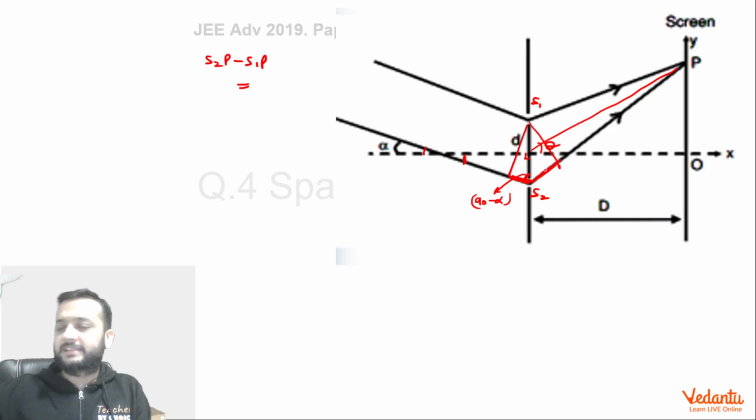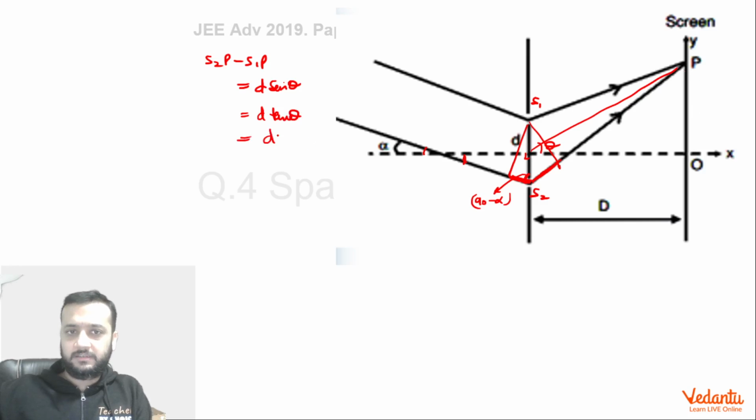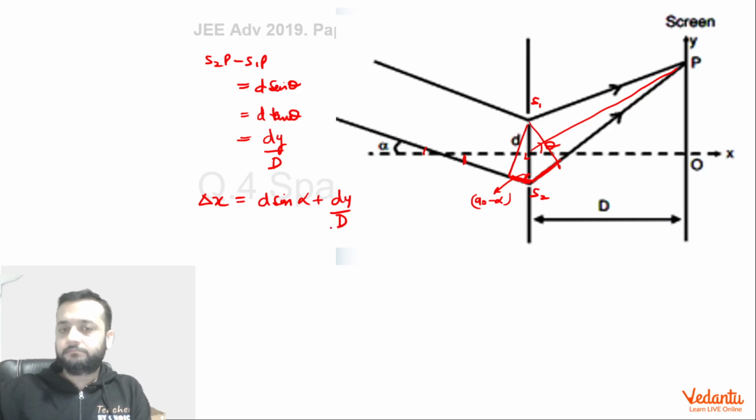Since this theta is small, because y is very small, 11 millimeters, and D is 1000 millimeters, we can write sine theta as tan theta, and tan theta we can write as y by D, so this is d y by capital D. So the total path difference delta x will be d sine alpha plus dy by D. This is the total path difference, correct?